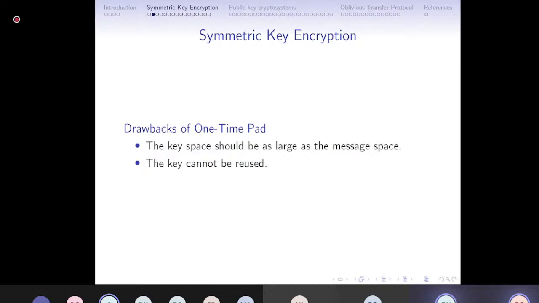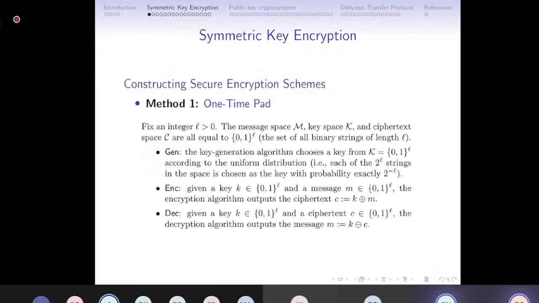But this one-time pad scheme has some problems or drawbacks. First one is that the key space should be as large as the message space. What is the meaning of this? As you can see, in this secure symmetric encryption, the size of the message as well as the size of the key are the same.